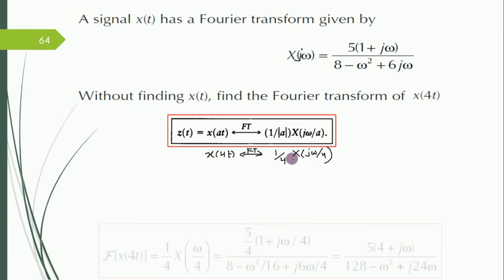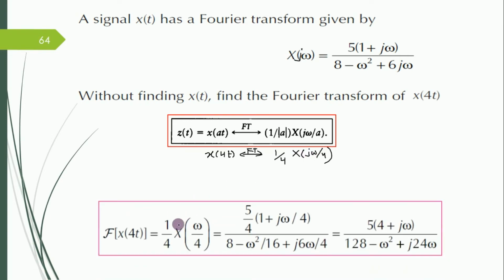This is what we need to do now. Just check here. Same thing, 1 divided by 4 capital X of omega by 4. So here the FT is already given. So 1 by 4 is taken here, 1 by 4.